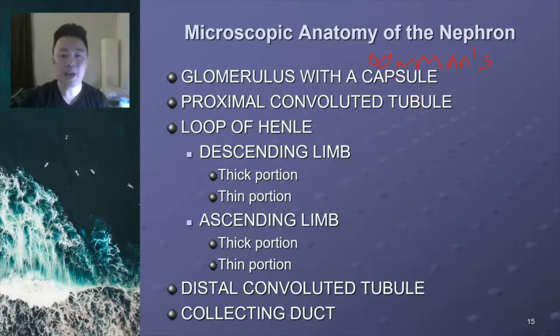You have the loop of Henle, which consists of a descending limb, which contains a thick and a thin region, and then it goes up through the ascending limb, which contains, of course, thick and thin portions. And then eventually it goes out to the distal convoluted tubule, and then eventually the newly formed urine will start to collect. So we go straight down this list here.